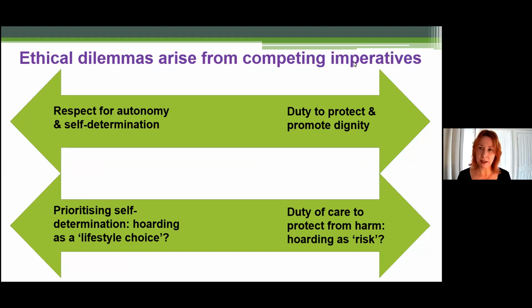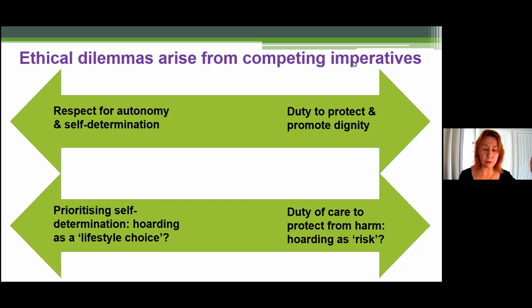On the other end of the spectrum, that duty to protect and promote dignity, and that duty of care to protect from harm. So seeing harm as a risk, and the extreme there is that deep clean, that clear out, which actually re-traumatises. And maybe we need to be somewhere in the middle of these two extremes.